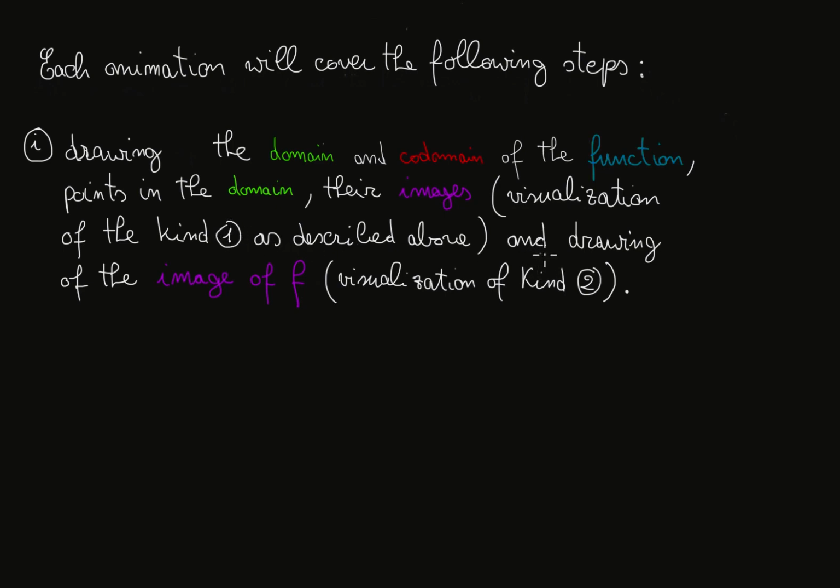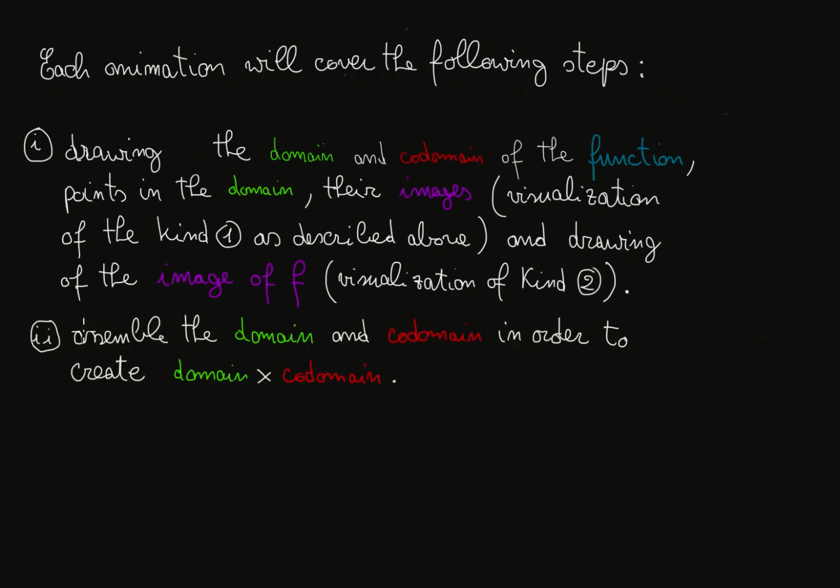Then we proceed by drawing the set image of f as a whole, not just a few elements of the image, but the whole set, and we will deduce it from the few points of which we displayed their images before. Displaying the image of the function f is the visualization of kind number 2 that we described before.